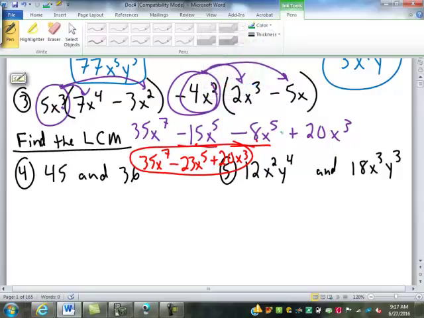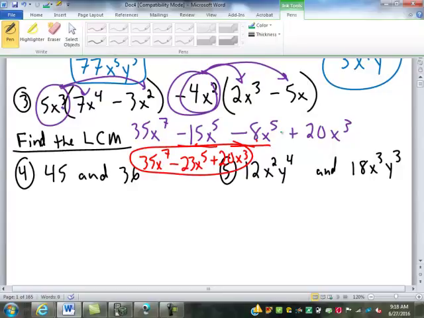Now, LCM. Remember, LCM is least common multiple. If we're looking for the smallest one, that means it's got to be something that's bigger than the numbers. Remember, if we were looking for the biggest one, it would have to be something smaller than the numbers. So multiple is when you multiply it by other numbers and see what it grows up to be.